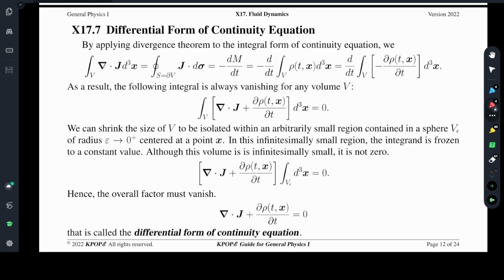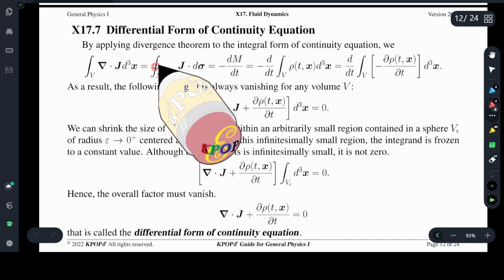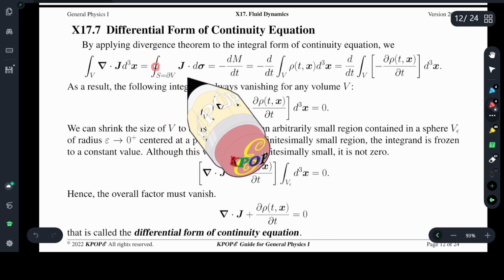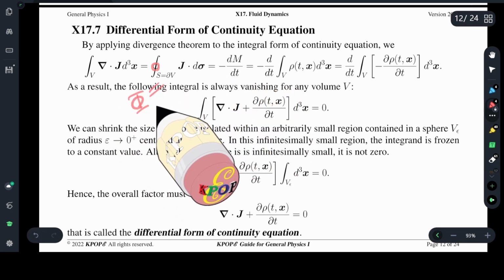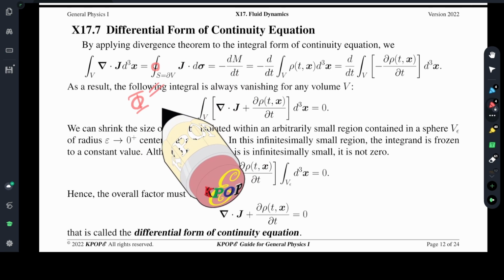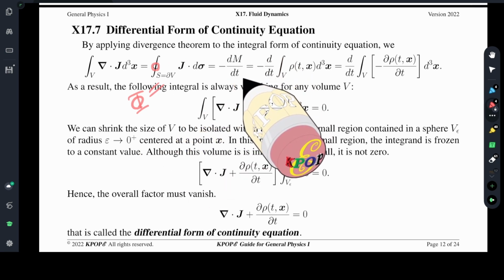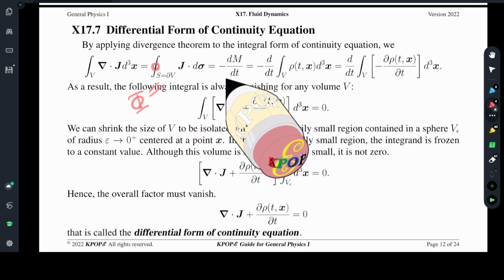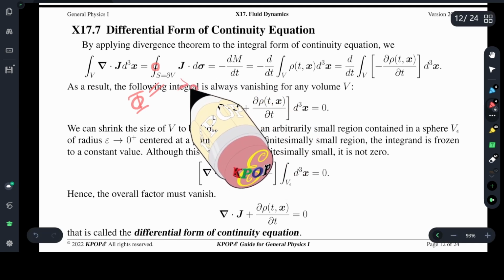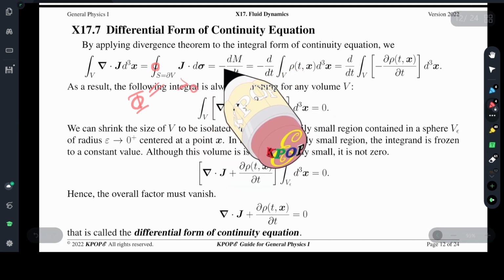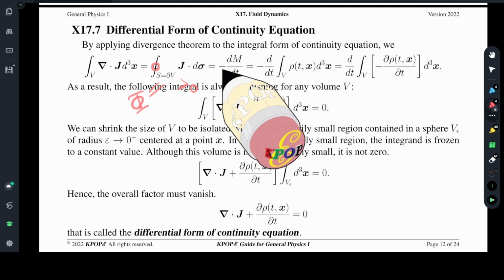So I have added the missing circle here. It is a closed surface, so flux is coming out. This flux means the time rate of decrease of the mass inside. So this is positive, and mass decrease is negative, so I have to put the positive sign.